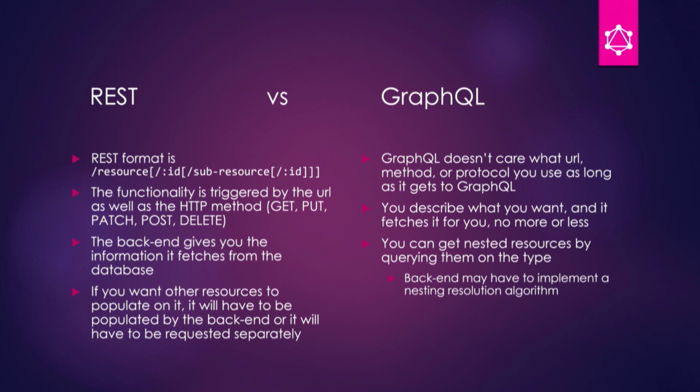The backend gives you the information it fetches from the database. But if you want other resources populated on it, you either have to have the backend do that by default, or you might have some special way of explaining what fields you want, or you don't want it to go too deep, or you want these fields to populate which wouldn't normally, and all that kind of thing.